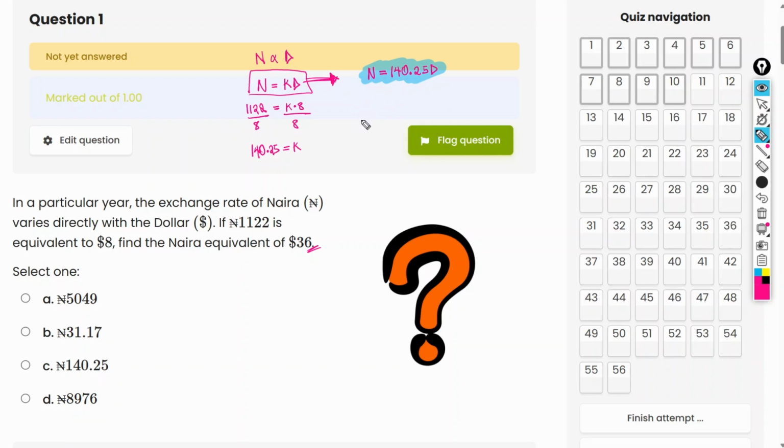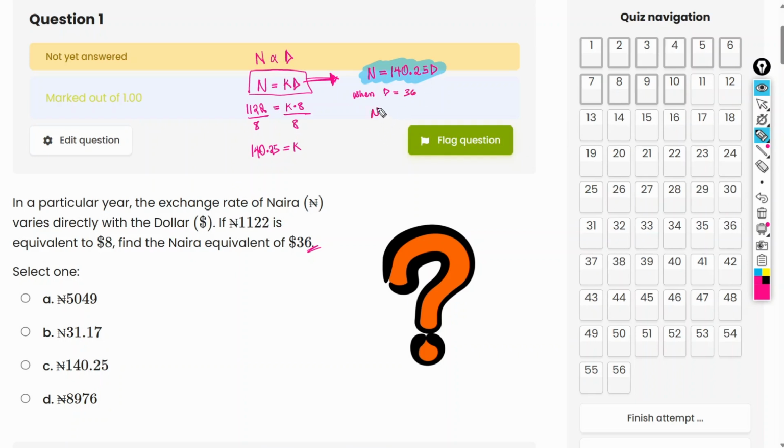For instance, the question now says find the naira equivalent of $36. Since we have this relationship, we are now dealing with when D is equal to 36.